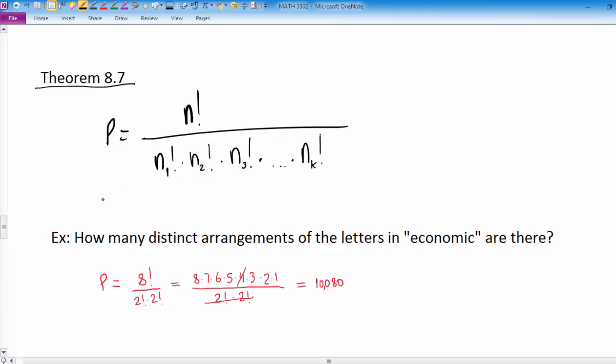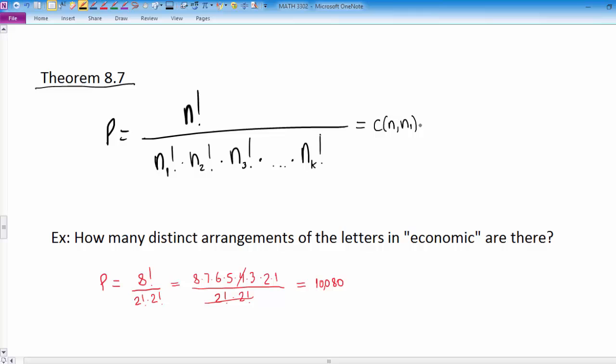Now, I want to go back here to Theorem 8.7 and also mention that in the book, you will see another way of writing this formula using combinations. So this can be written as C. It seems like it's more complicated.